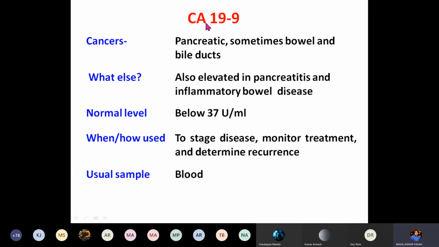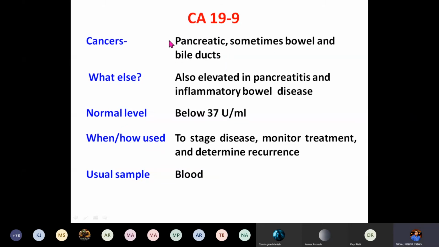Another is the CA 19.9. The sample is blood. The use is the same: diagnosis, staging, monitoring, and determining the recurrence. Normal level is less than 37 unit per ml, and the level is increased in the case of pancreatic cancers, bowel cancer, and bile duct cancers.